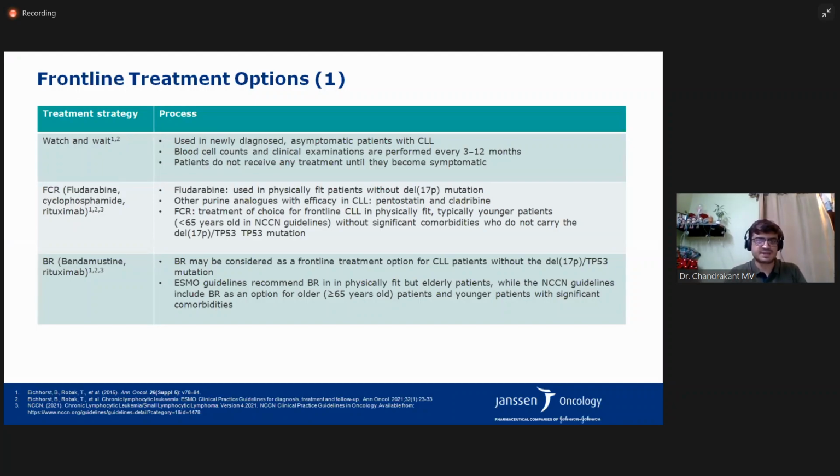And then bendamustine rituximab in patients who are not fit, above 65 years, we do give, even though it is a little better tolerated, but the cytopenias are profound and we may have to delay subsequent cycles. As we saw, the incidence of grade 3-4 neutropenia is more than 50%, so not that well tolerated.